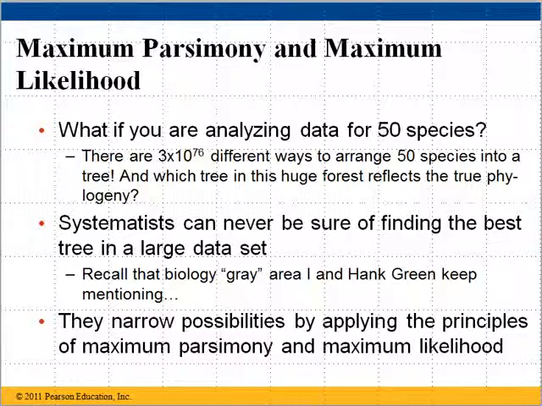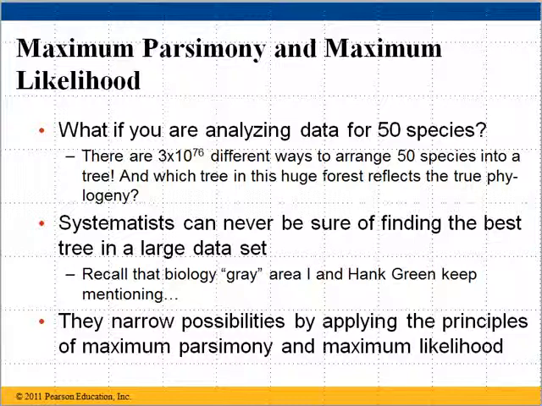Well, that means there are 3 times 10 to the 76 different ways to arrange those 50 species into a tree. How can you possibly decide which one of those tree-shaped mechanisms is going to be most reflective of reality? Which tree in this huge forest reflects the true phylogeny, the true evolutionary pattern?